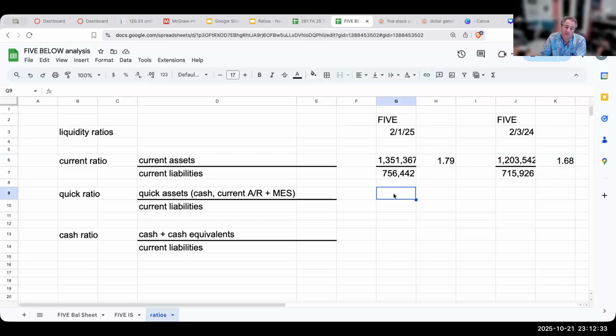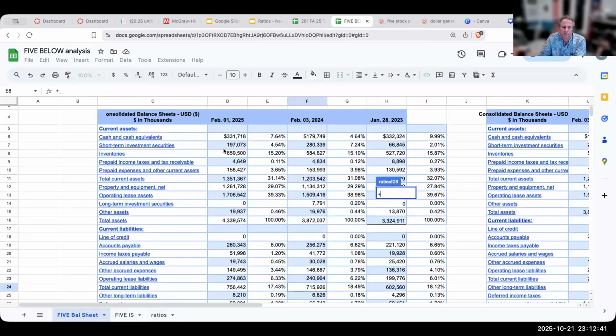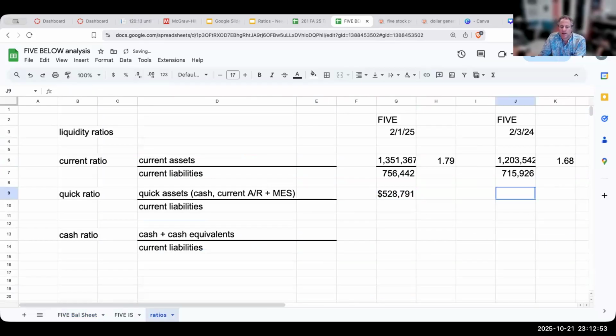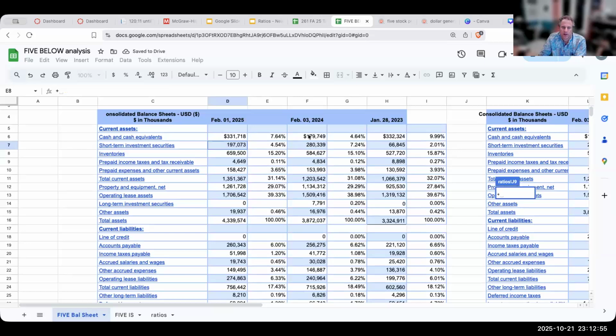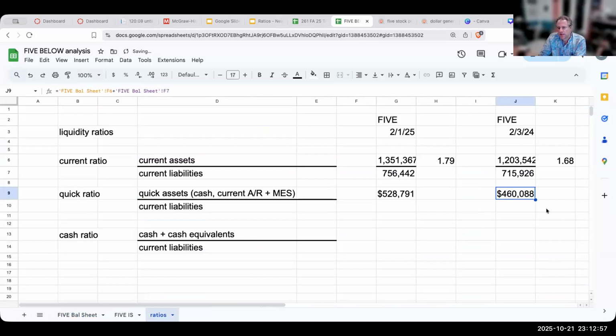For our next item up for bids is our quick ratio. We're going to look at our quick assets. Here, this is going to be the cash and cash equivalents plus short-term investment securities. It's not inventory. Inventory is not a quick asset. If I come over here and look at this, I get 460.88.